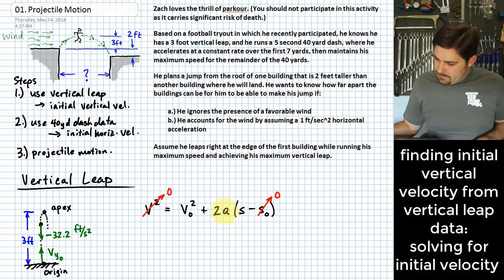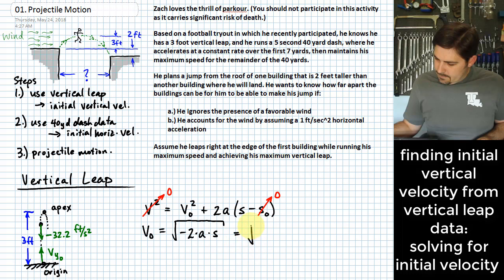We actually know s, we know a. What we want to know is what was that initial velocity. So let's solve for that initial velocity. So we'll say here that that initial velocity is going to be equal to the square root of minus 2 times a times s, where that s is that final position. Okay, well, let's go ahead and plug in values for our particular case.